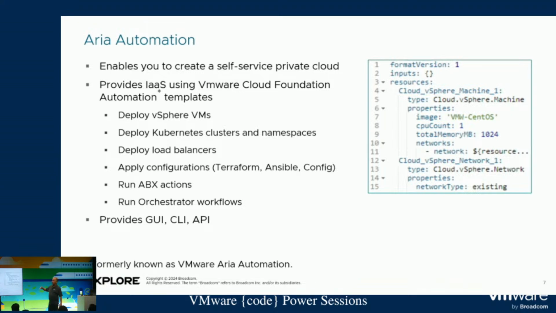We can deploy other types of vSphere objects, such as disks, or we can deploy, in the version of Aria Automation, I said that intentionally, the version that you see in my slides also allows you to deploy public cloud machines, such as AWS, Azure, GCP. With these templates, you can deploy Kubernetes clusters and Kubernetes namespaces and load balancers and tons of things. So if you learn how to create these templates, it's going to open up a world of possibilities.